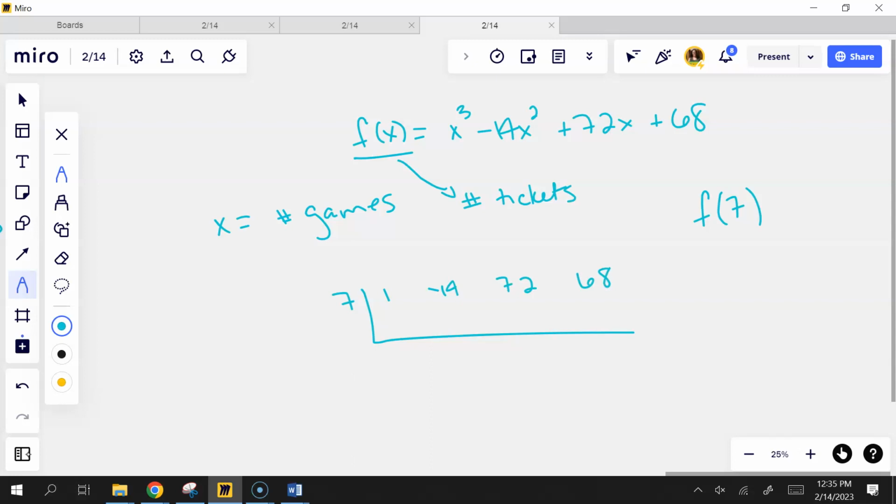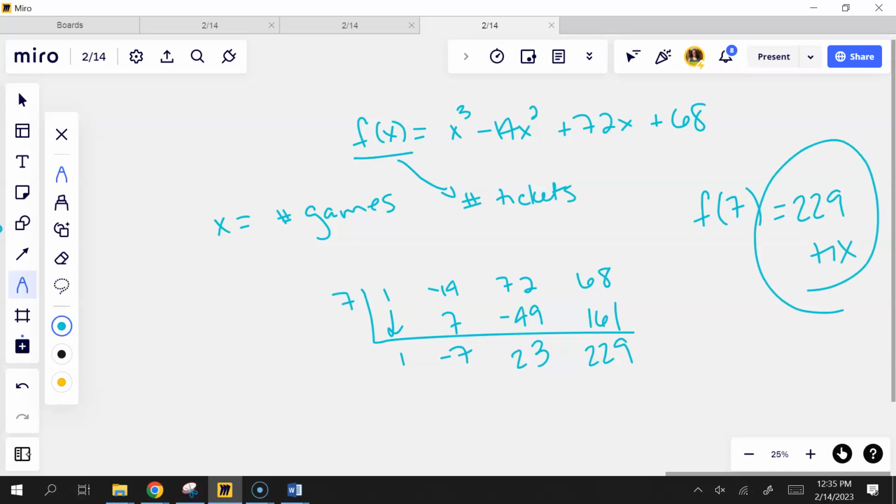And there's a reason we're setting up and doing this. 229 tickets.